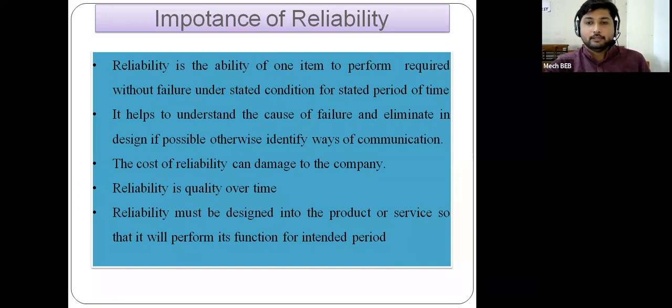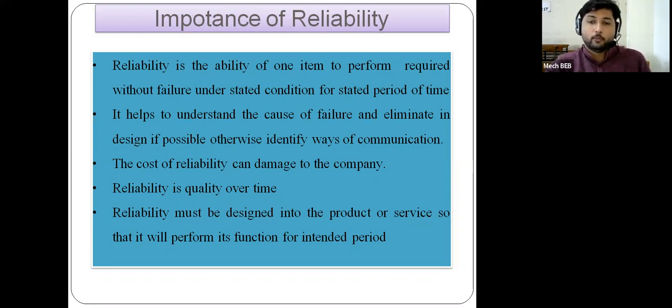Now during the designing of that particular product, these factors are considered, and the R&D engineers, or the product development engineers, try to remove those lacunas from the product.